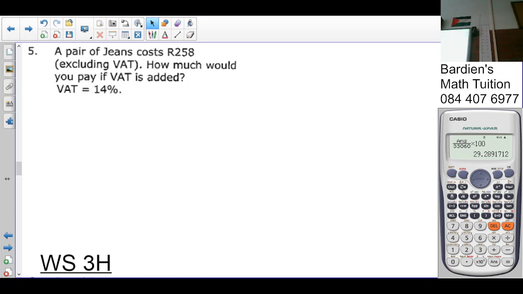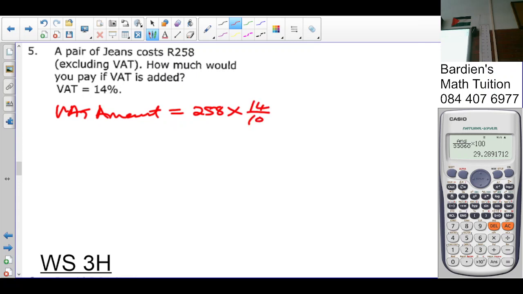A pair of jeans cost 258 rand, excluding VAT. How much would you pay if VAT is added? So, value added tax. You first work out the VAT amount. How do you work out the VAT amount? It's 258 rand times 14 over 100. That's 36,12 rand.